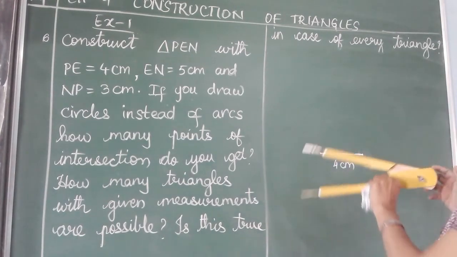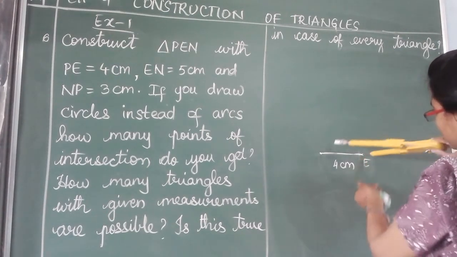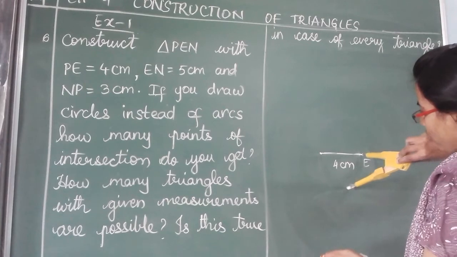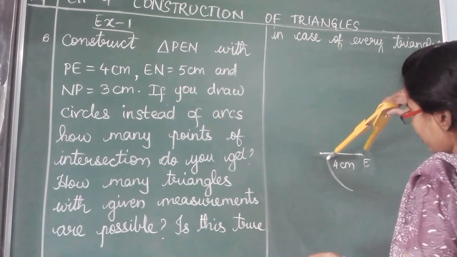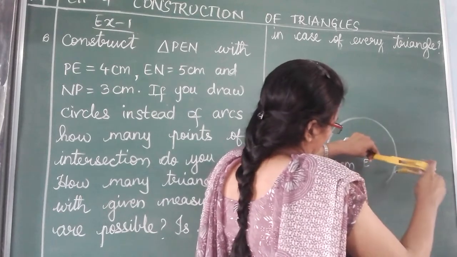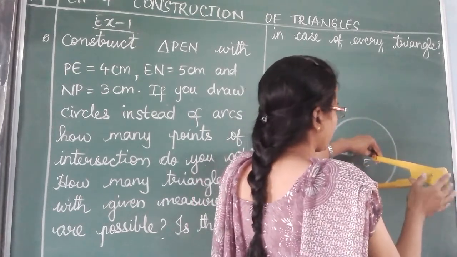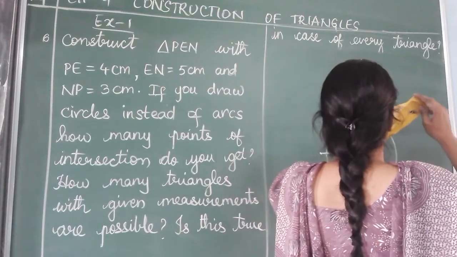So here E is there, so I'm going to keep E, the point E, and now draw the circle. Circle needs to be drawn here. See that you hold only the first part, this part only. Don't hold the pencil and rotate it.